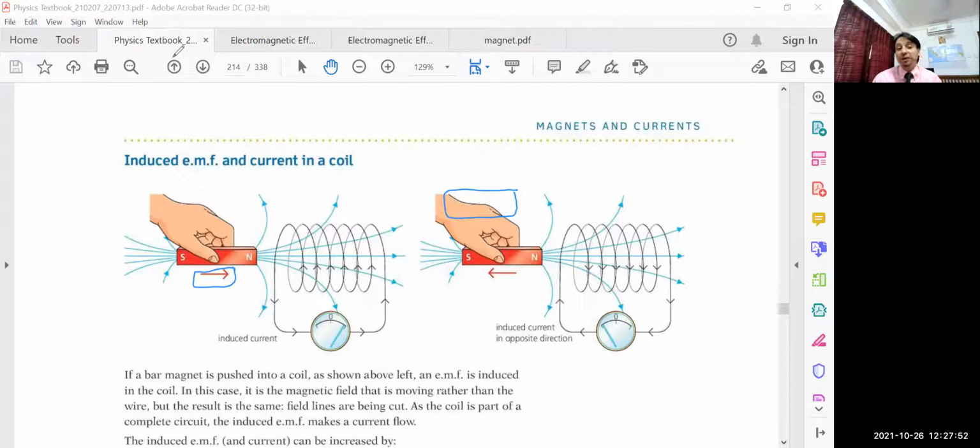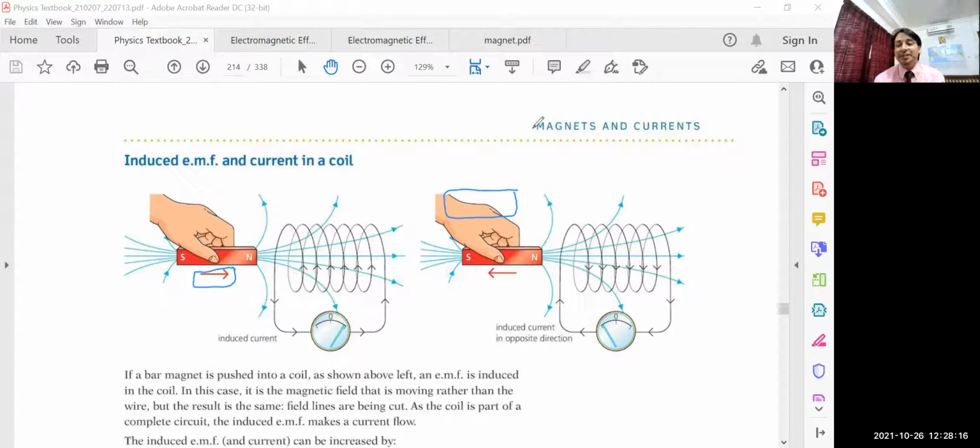If this question comes in an exam, in a coil, when you're moving a magnet, current is induced, so what factor? The simple answer is, children, the changing magnetic field lines, the magnetic flux, as the magnet is approaching towards the coil.